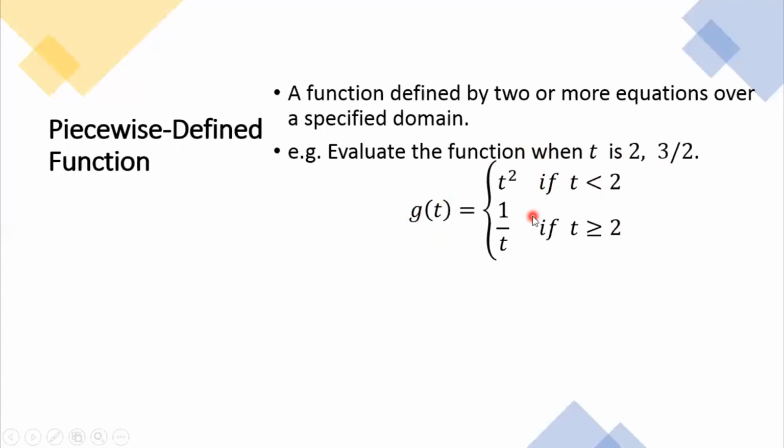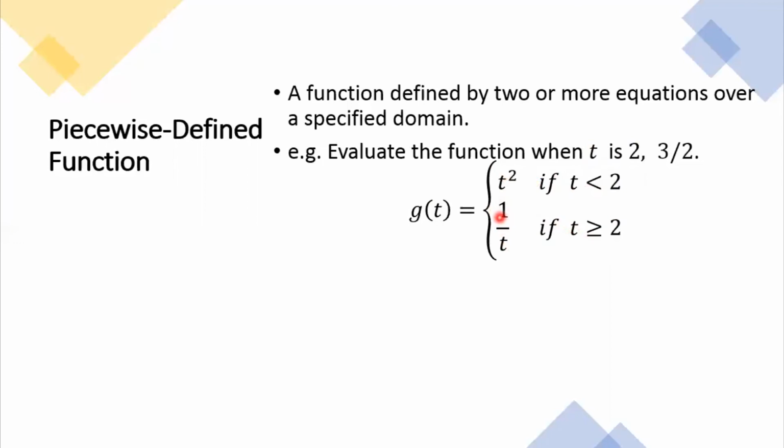For example, g of t is equal to t squared if t is less than 2, but 1 over t if t is greater than or equal to 2. So it has a condition, right? And it has two or more equations. In this case, we only have two expressions over a specified domain.